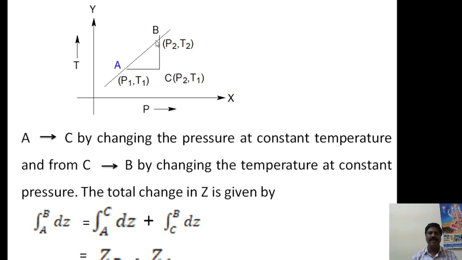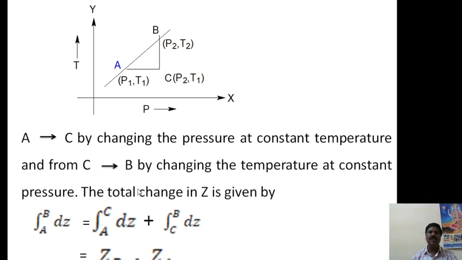So A to C is brought about by changing the pressure at constant temperature, and C to B by changing the temperature at constant pressure.